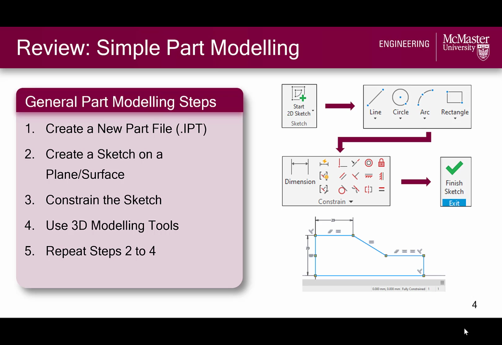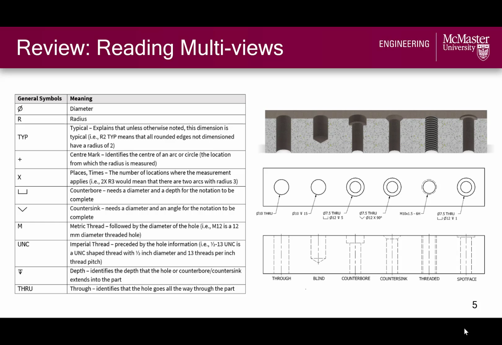Last lab we got some practice with these steps, and this lab we will build on that with some more complex examples. These examples involve part modeling from multi-view drawings, so it is also important to be able to read multi-view drawings and understand the symbols and conventions used to indicate part geometry.